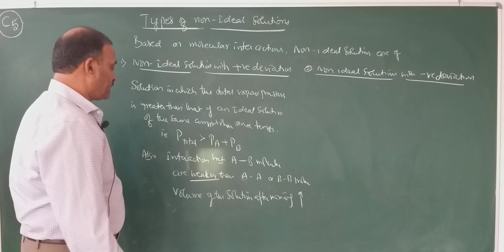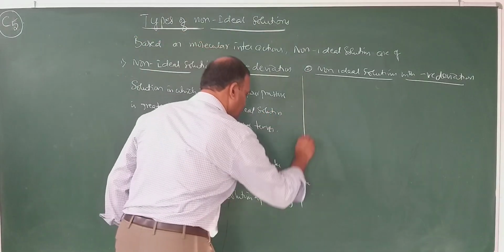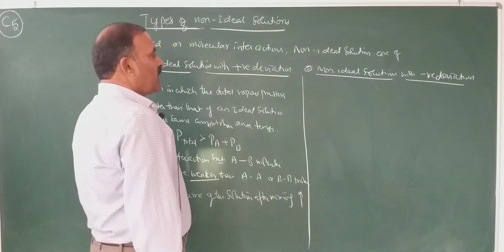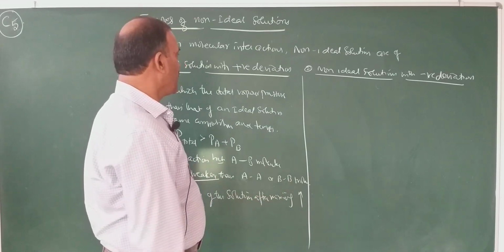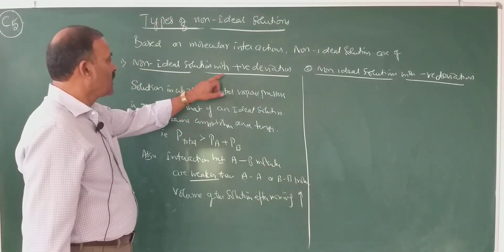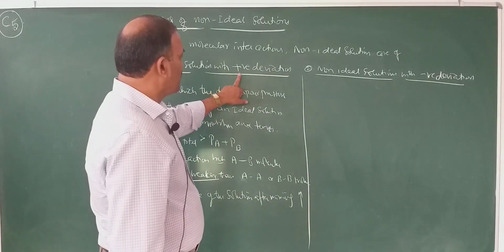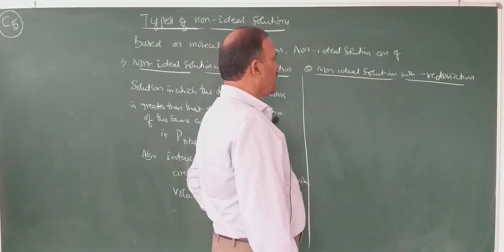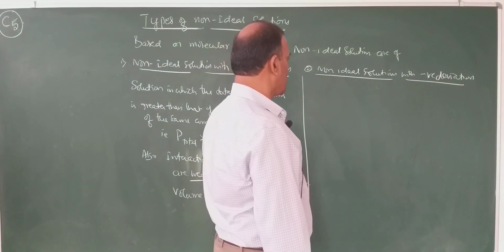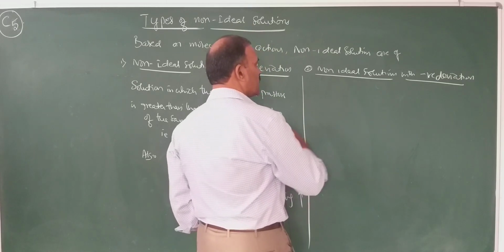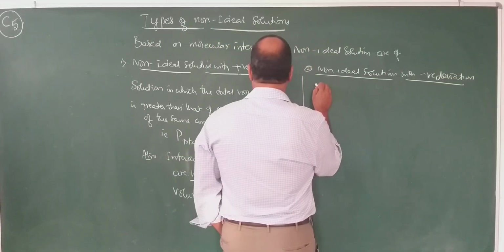And then coming to non-ideal solutions with negative deviations. So, these are non-ideal solutions with positive deviation, and non-ideal solutions with negative deviation. So, what are non-ideal solutions with negative deviation?